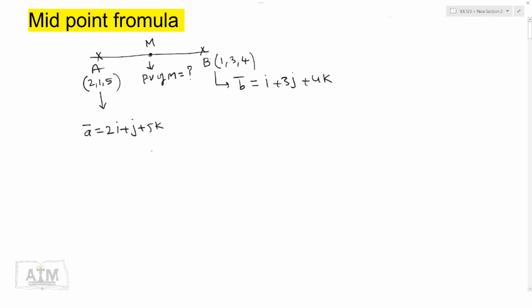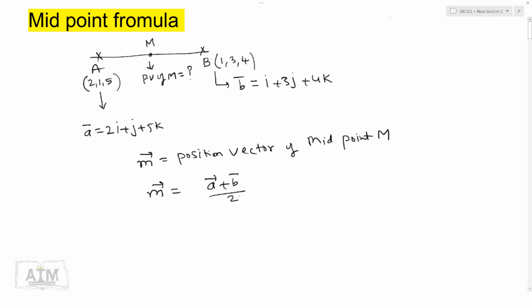So how to find the position vector of point M? Let vector M be the position vector of the midpoint M. We can obtain it by vector A plus vector B upon 2.